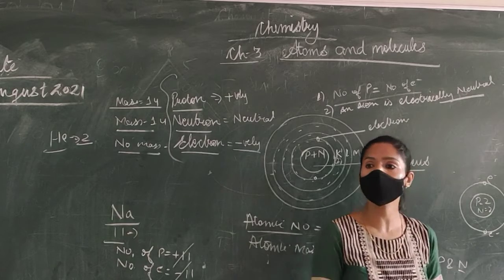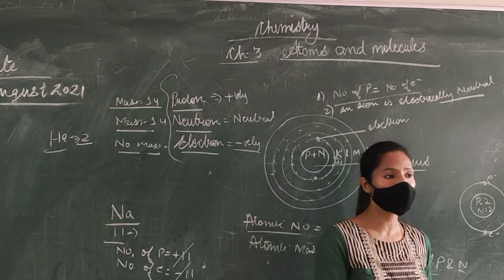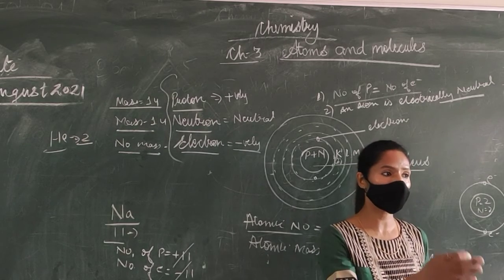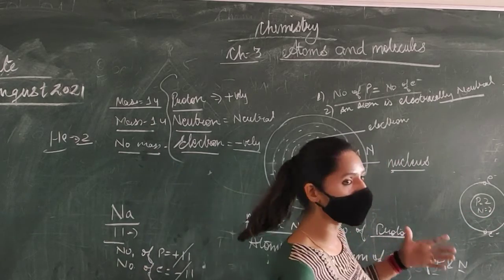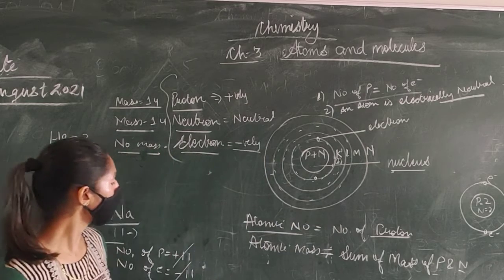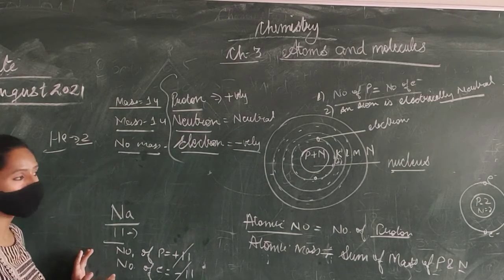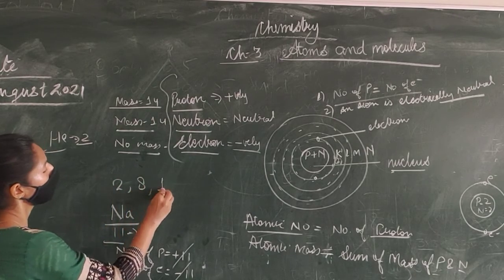This is called electronic configuration, which we will read in detail in this chapter, but after some time. Because I am teaching about atoms, I am discussing all these things here. Now the configuration of sodium will be 2, 8, and 1.